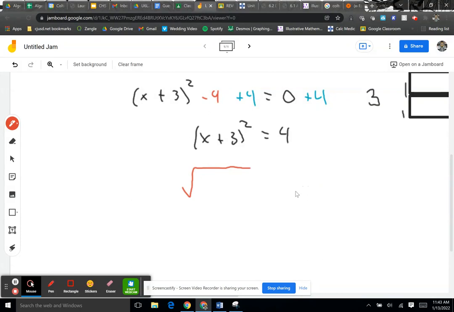So what we have is x plus 3 squared is equal to the positive square root of 4 or the negative square root of 4.